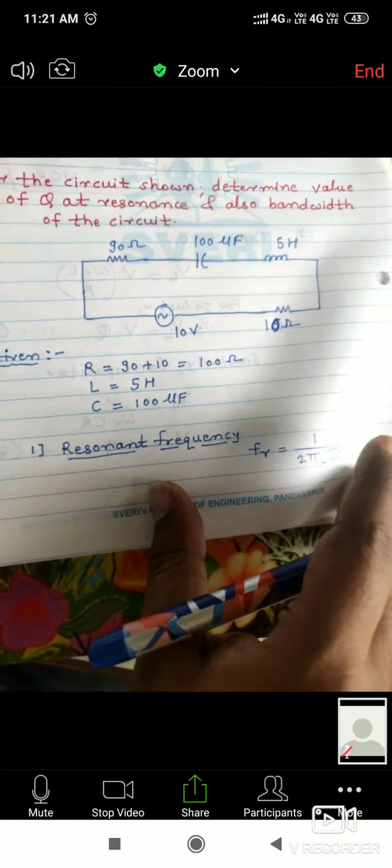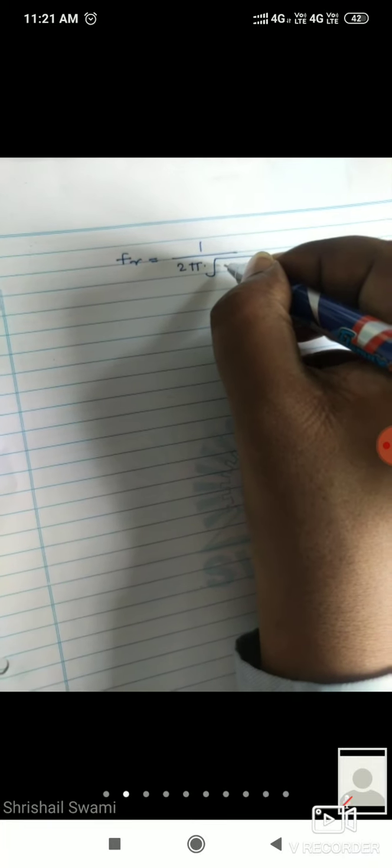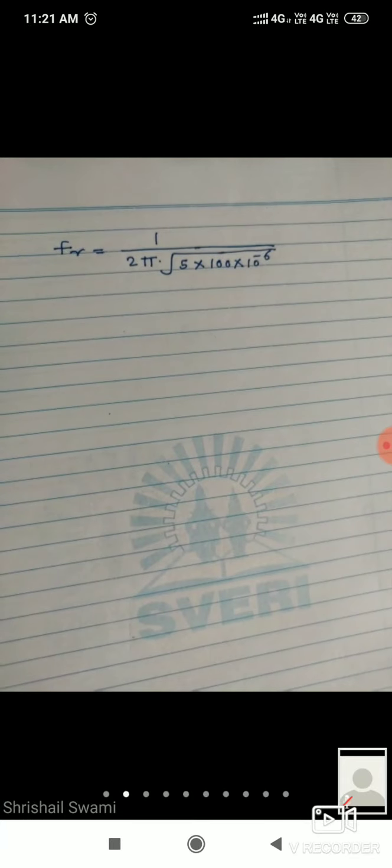Tell the answer now. FR is equal to 1 upon 2 pi into under root LC, means L is 5 and C is 100 into 10 raised to minus 6. What is the answer?